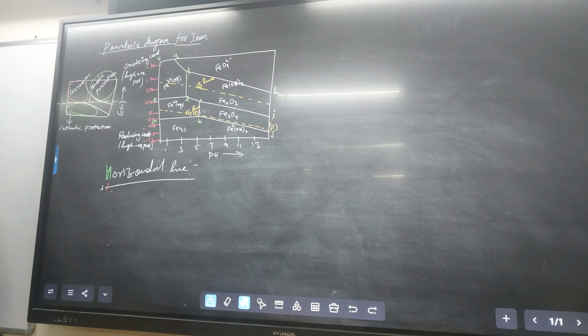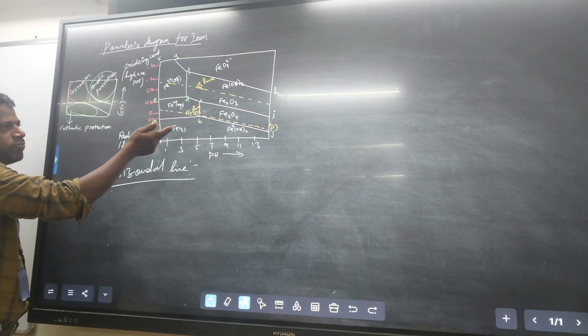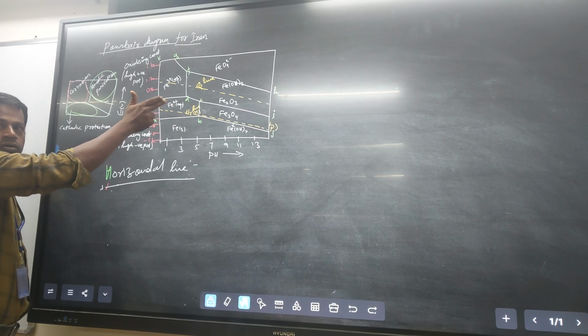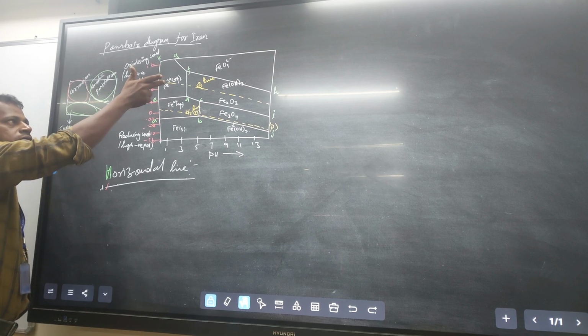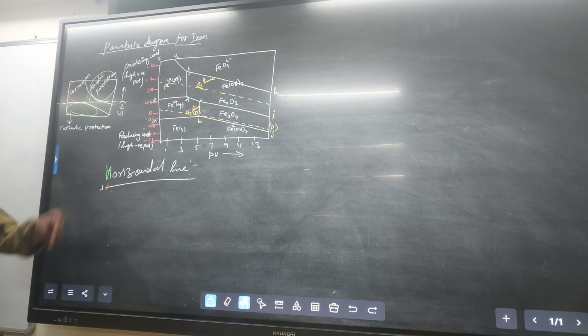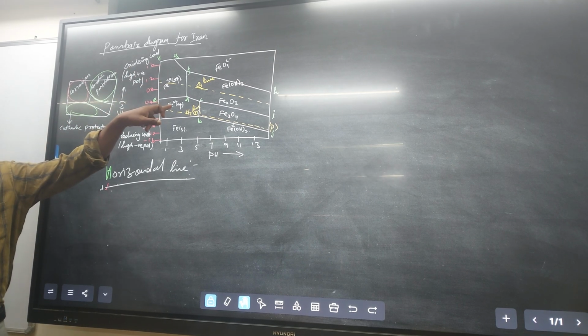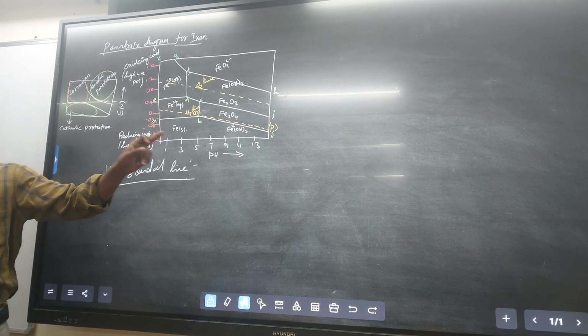What does the horizontal line say? It explains electron transfer. Look here, from Fe to Fe2+, and Fe2+ to Fe3+, or Fe3+ to Fe2+, Fe2+ to Fe.